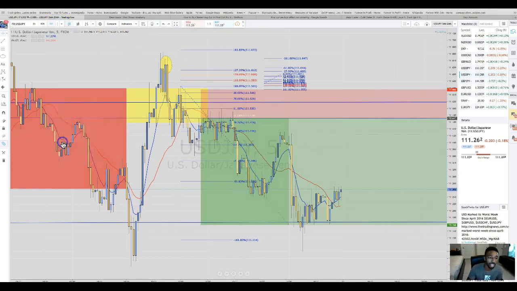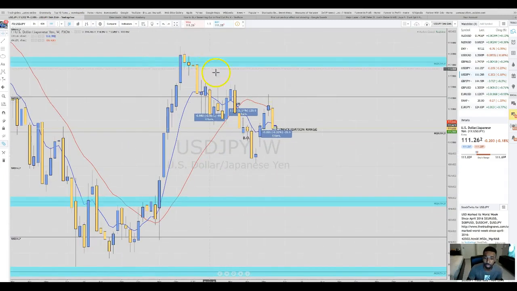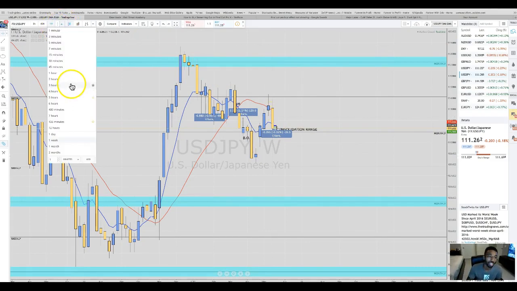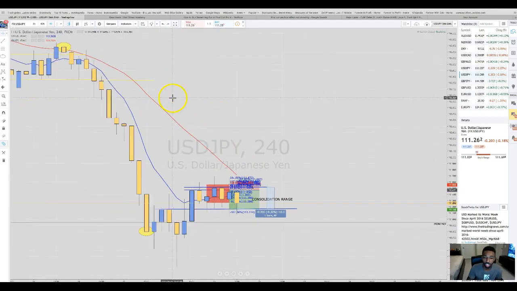On the higher time frames, like the weekly time frame, I saw this bearish candle right here, which told me that there was enough bearish movement inside that market to keep pushing down a tad bit. Then I also saw the structure change on the higher time frames, like the H4 and H1.